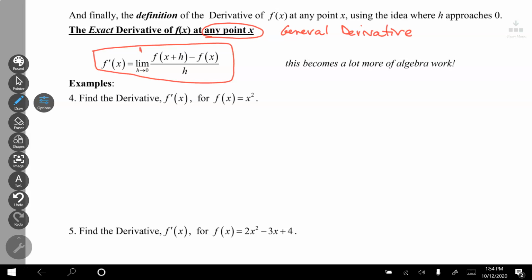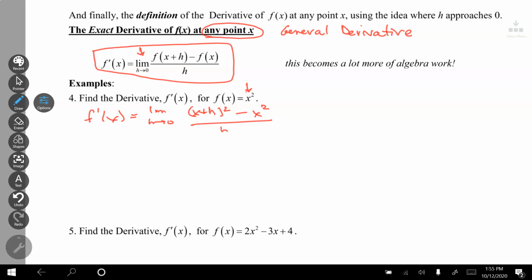I said we're going to add this little limit as h goes to 0, because we talked about that earlier. We want to know what happens as h becomes smaller and smaller and smaller, or better yet, h goes to 0. So I have to do this whole f prime of x equals the limit as h goes to 0 of x plus h squared minus the original function x squared all over h.